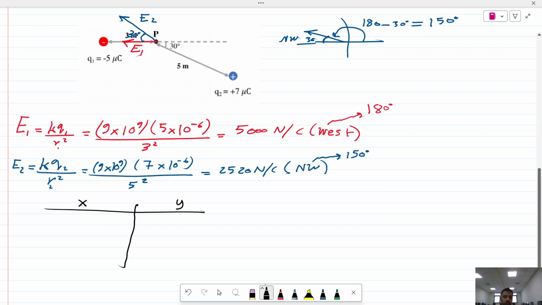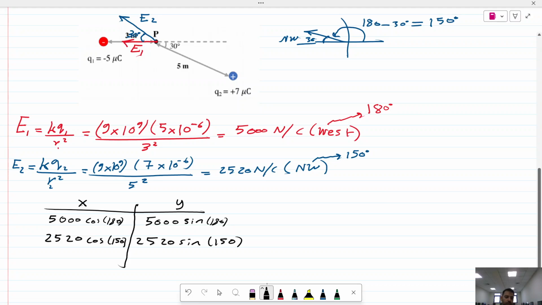First, we start by doing E1 times cosine theta, which is 5,000 cosine of 180, and for the y component, 5,000 sine of 180, plus the other one, which is 2,520 cosine of 150 plus 2,520 sine of 150.